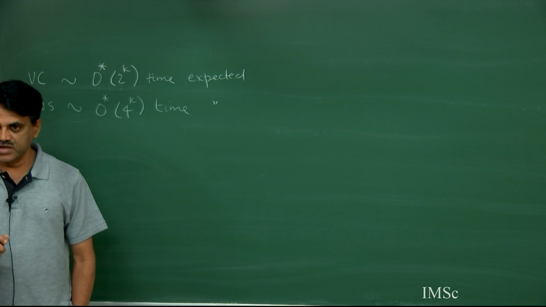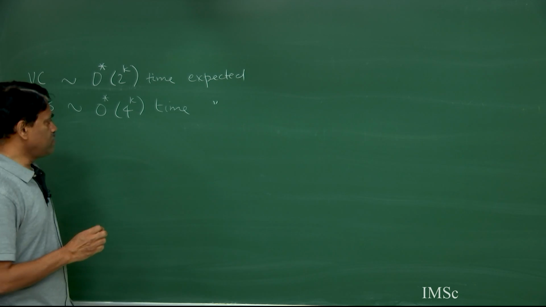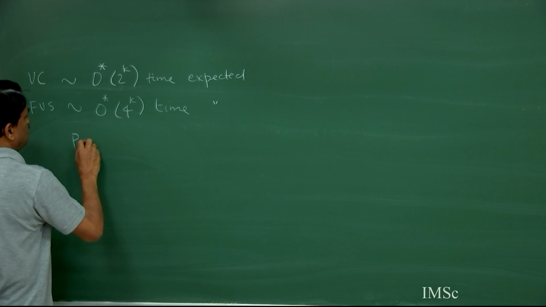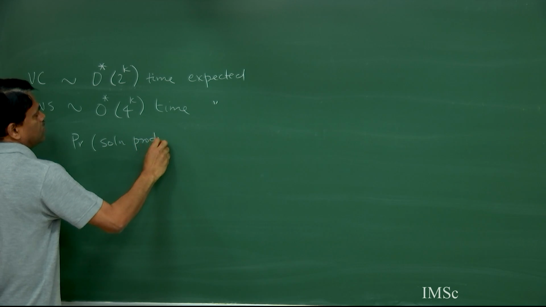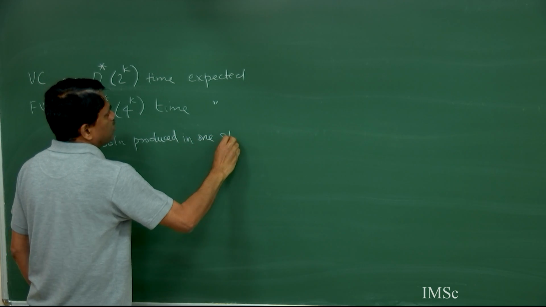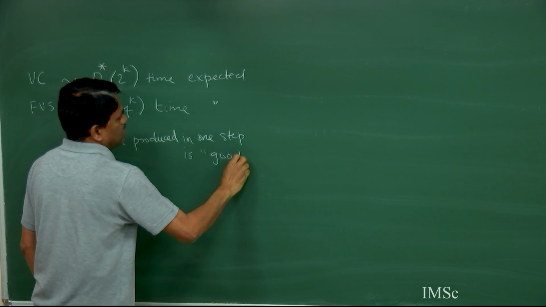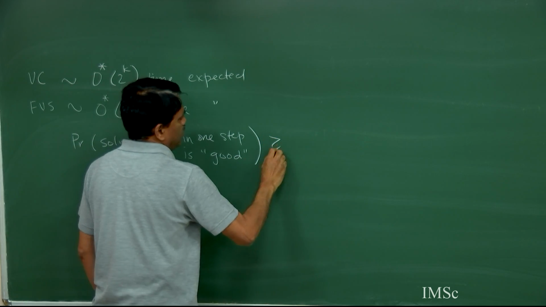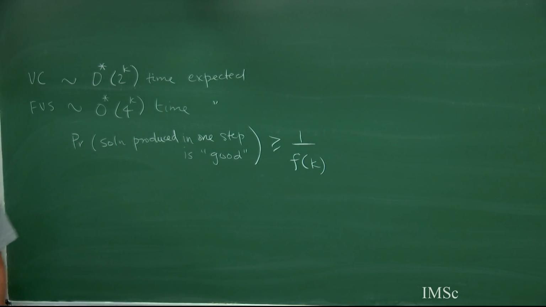So, we get a simple enough solution, and we argue that the probability that the solution produced in one step is good, whatever that means, is with some 1 over f of k probability.